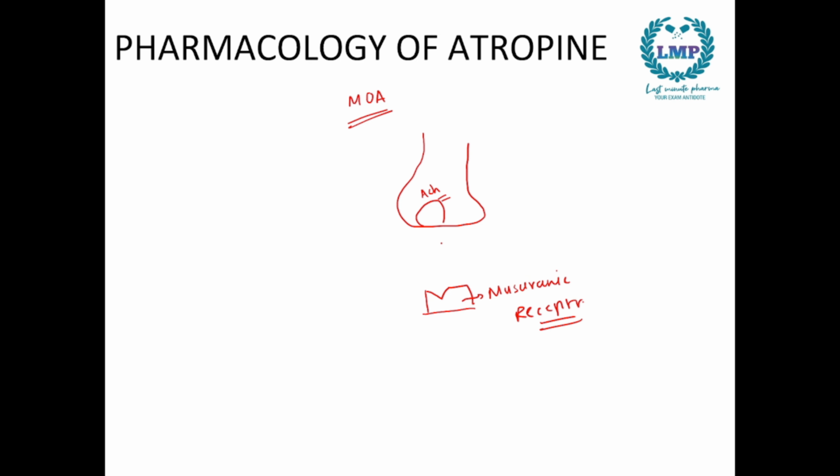Usually acetylcholine is released and binds with the muscarinic receptors, and then it shows parasympathetic nervous system activation, the muscarinic effects. But now atropine is going to block this.